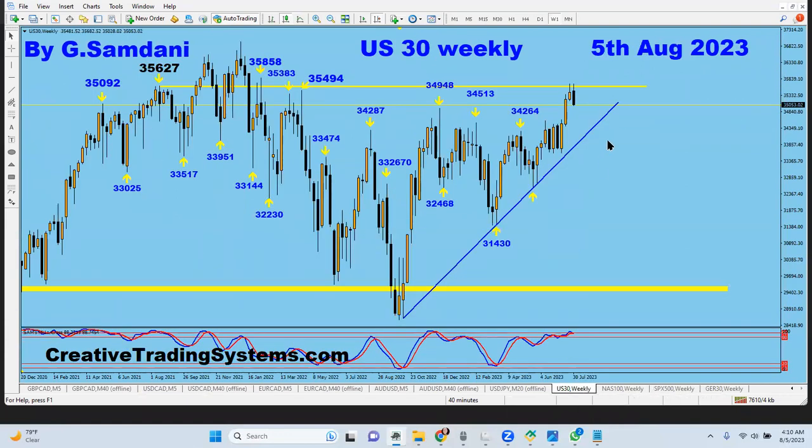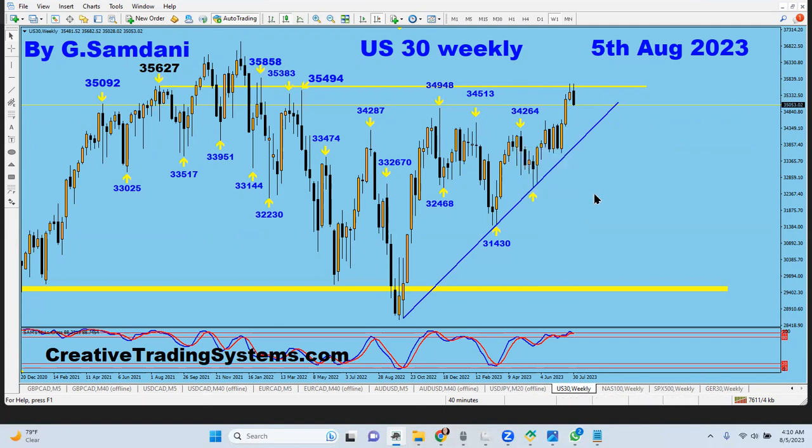Same thing. All four indices are posting bearish engulfing candles at these levels, right? So 35,627 held, and we have a powerful black candle. But this is the number to watch: if you can take this out, then we can go to 34,287, and then this one, and so on and so forth. So these are the highs that you have to watch.